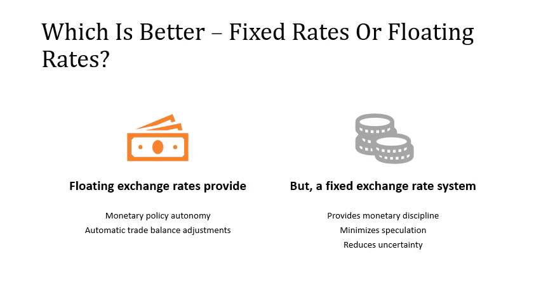So the floating exchange rate helps in this regard. But the fixed exchange rate system provides a monetary discipline which is not there, because the government cannot intervene in the floating exchange rate, and it is only the market forces that determine the currency rate.